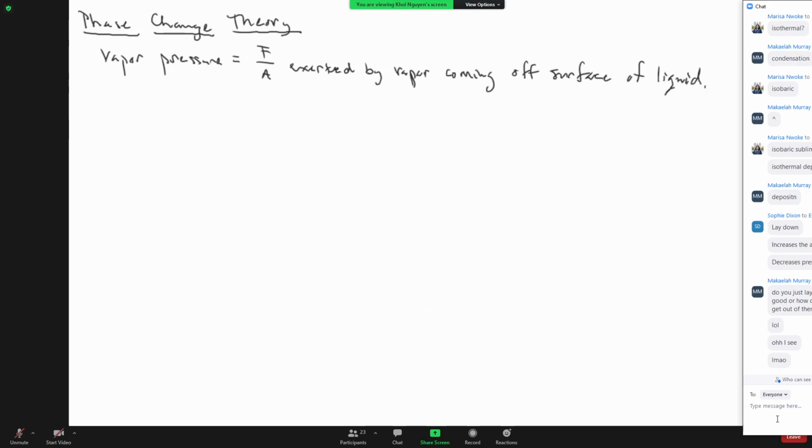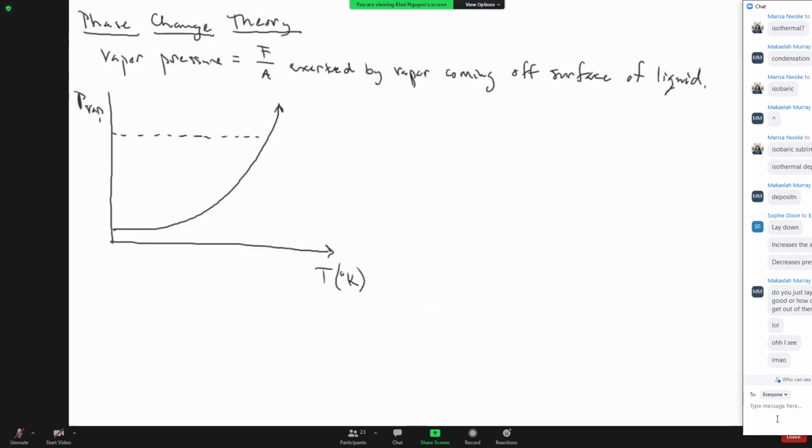What we notice, if we graph vapor pressure as a function of temperature, there's always some type of vapor pressure unless we're exactly at absolute zero, okay? And what we consider boiling point, or the temperature for vaporization, if this was water, that would be 1 atmosphere, okay?